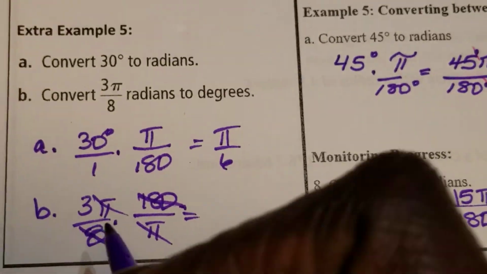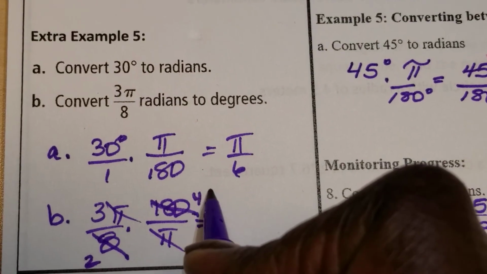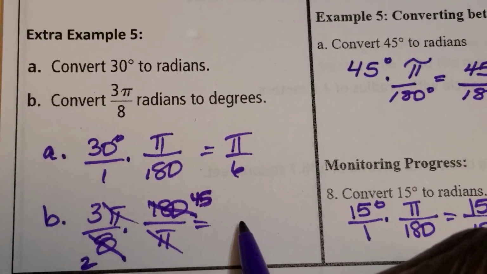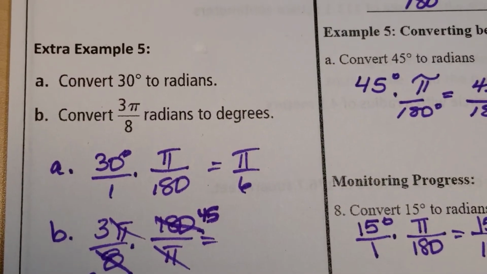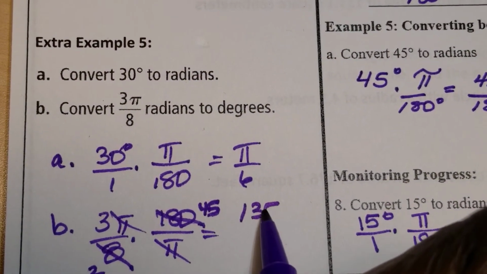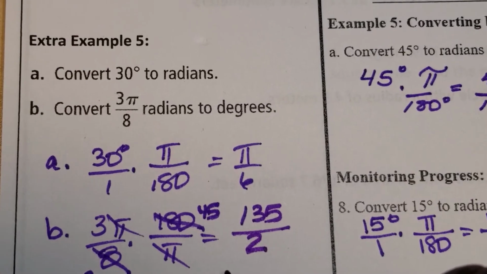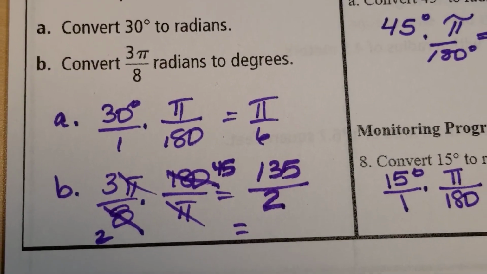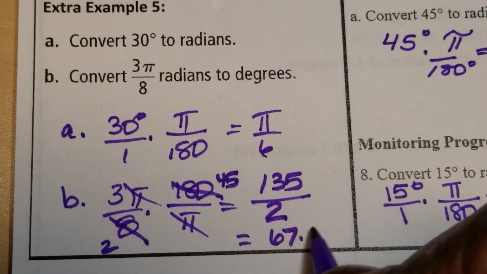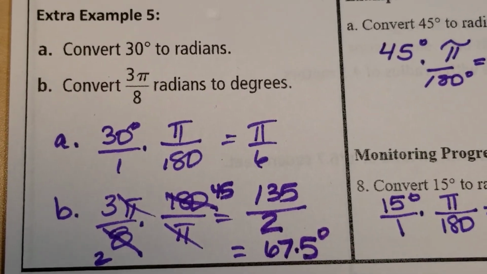Perfect, to get 45. So this will be a 2 and this will be a 45. This is going to give me, let's see, 45 times 3. I'm going to have 135 over 2. I know y'all love your decimals. 67.5 degrees. And done.